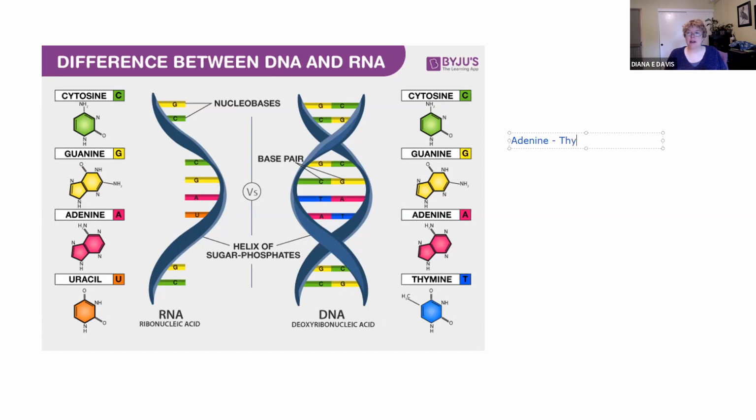Adenine binds to thymine. Adenine can also bind to uracil. Cytosine can bind to guanine. That's it. That's the only way this works.